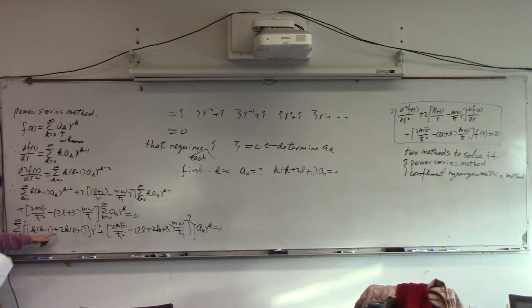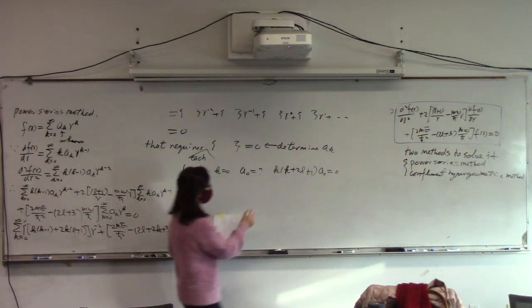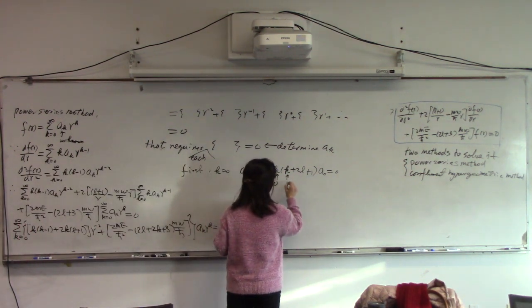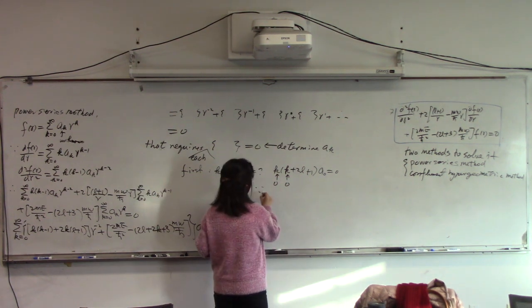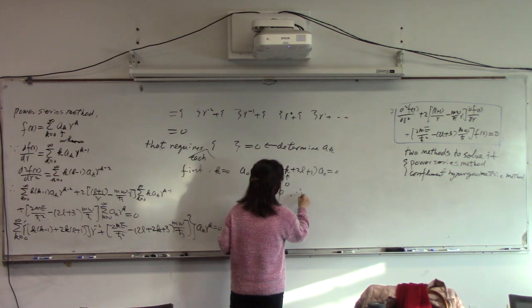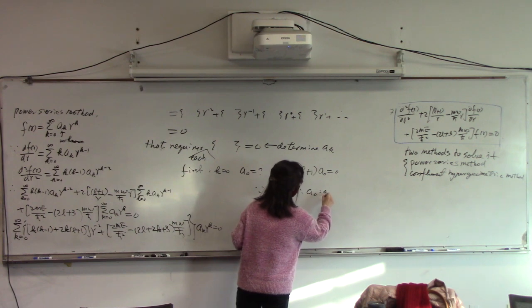You see here? I take all the k outside, so then I have k minus 1 and 2L plus 2, so minus 1 plus 1. This is 0, but this is k equal to 0, so a naught is arbitrary.